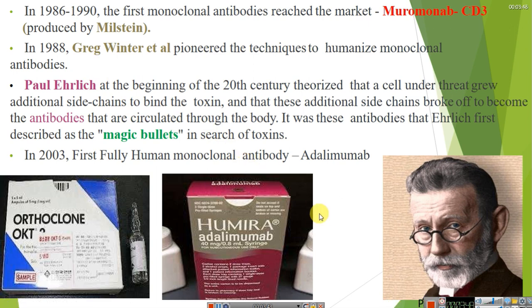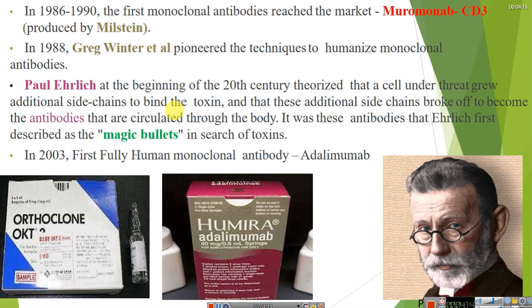Okay, it was Paul Ehrlich, at the beginning of the 20th century, who theorized that a cell under threat grew additional side chains to bind the toxin, which is nothing but the side chain theory, and these additional side chains broke off to become the antibodies. Today we know that there are membrane-bound antibodies, and then there are soluble forms of antibodies.